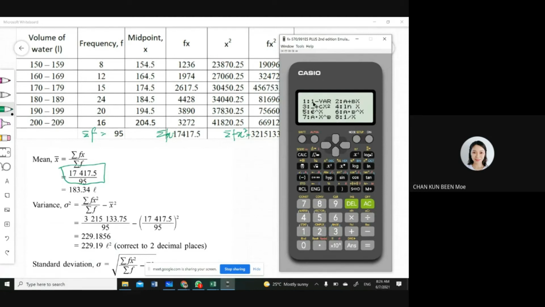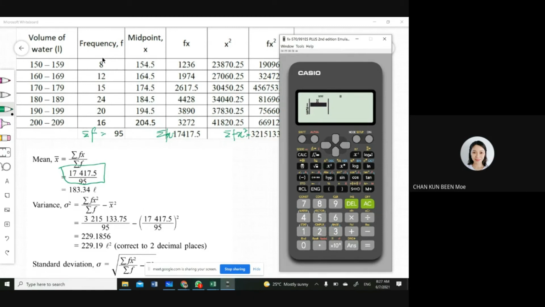You are going to choose 1-VAR, so choose 1. From here, you're going to see this X, which is 1 column only. Are you here, everyone? But this is not enough because we need 2 columns to key in the midpoint, the X, and also the frequency. We need to add in the frequency.